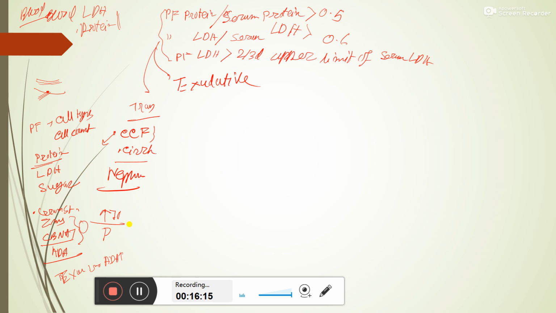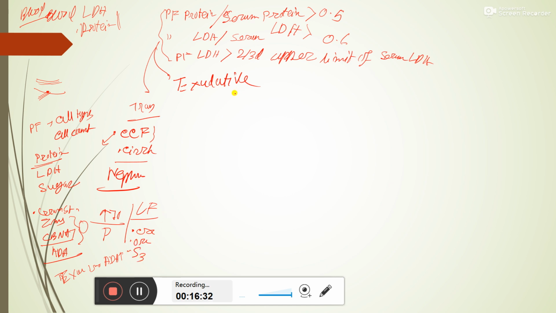In left heart failure, you can see the S3 gallop and orthopnea, and basal crepitations in the lung.